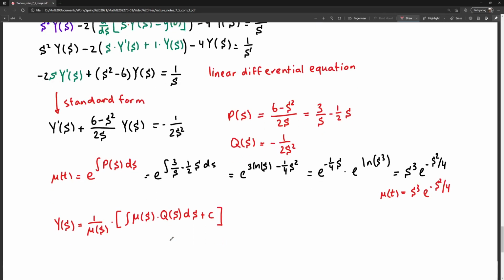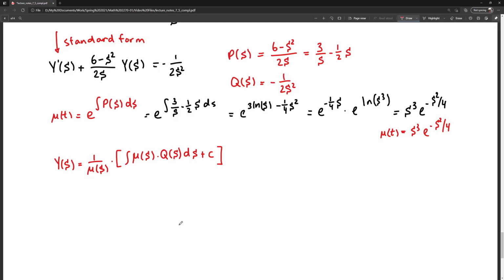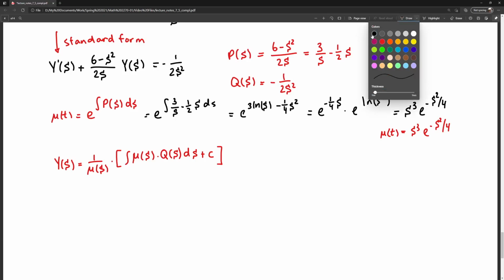In the interest of time, to not make this video too long, I'll leave it up to you to find this antiderivative. It turns out that you can find that antiderivative using substitution.